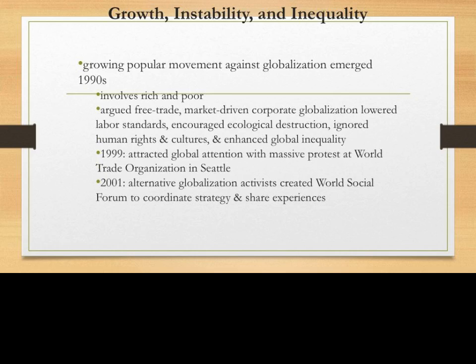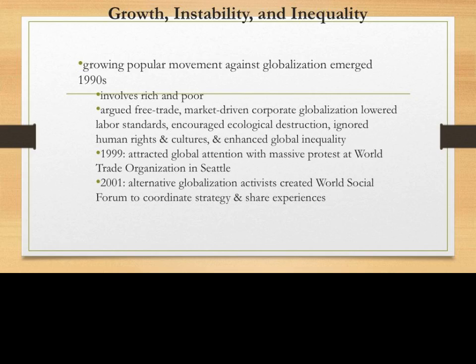There was also a growing popular movement against globalization that emerged in the 1990s, involving people from both rich and poor countries. They argue that free trade, market-driven corporate globalization lowered labor standards, encouraged ecological destruction, ignored human rights and local cultures, and enhanced global inequality.